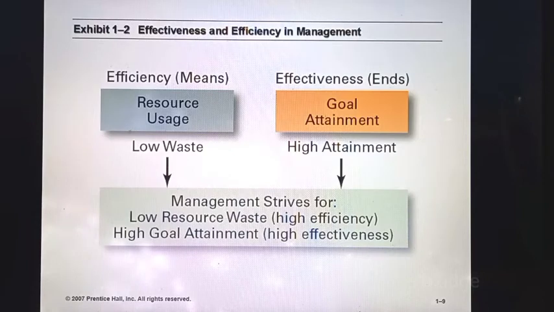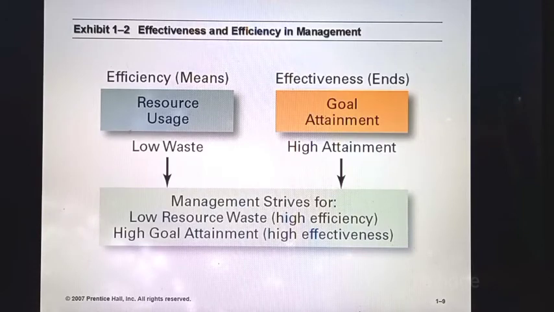So here we have Exhibit 1-2, Effectiveness and Efficiency in Management. Efficiency, the means, is resource usage. It should always have low waste.